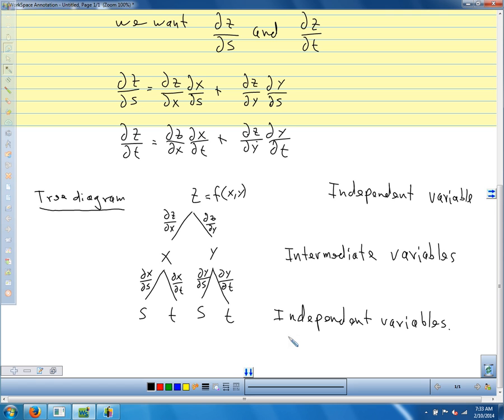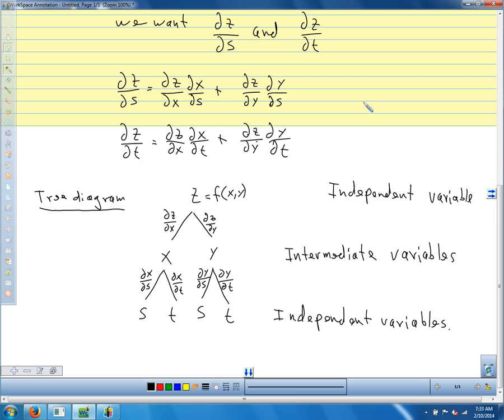And we can extend this idea of the chain rule and the tree diagram to a function of any number of variables, where the intermediate variables are also functions of various other numbers of variables, and we just expand our tree diagram.